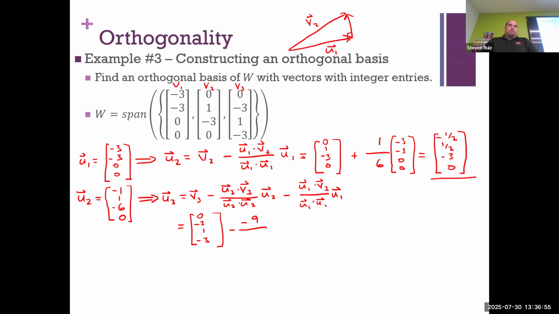So 1 plus 1 plus 56. U1 dot U1 is still 18.